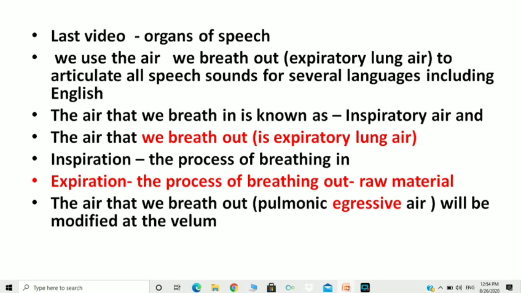The air that we breathe into our lungs is known as inspiratory air, or pulmonic ingressive airstream mechanism. Inspiration is the process of breathing in and expiration is the process of breathing out.